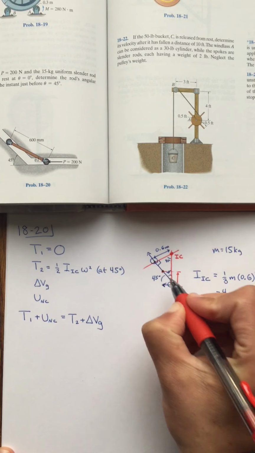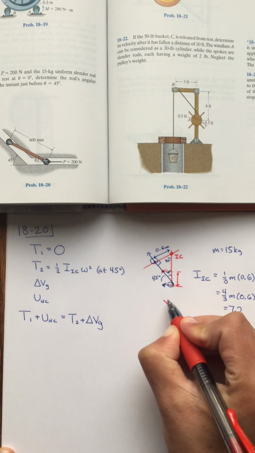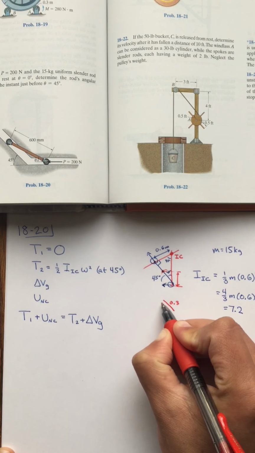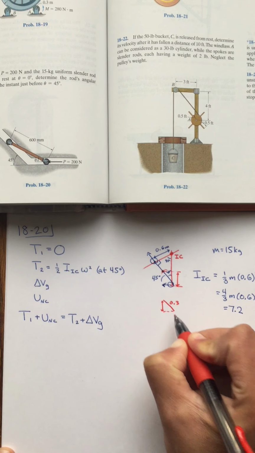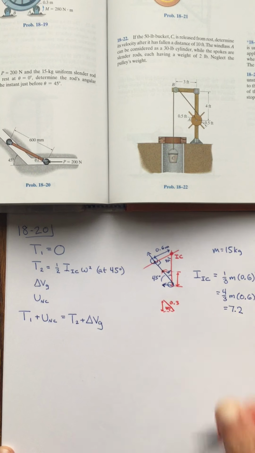This is the length of the rod, that's 0.6. So for this triangle here, from roller A to the mass center, that would be half of 0.6, that's 0.3. And we want the vertical component, and this is a 45-degree angle.